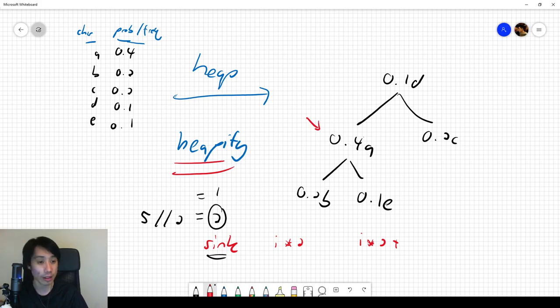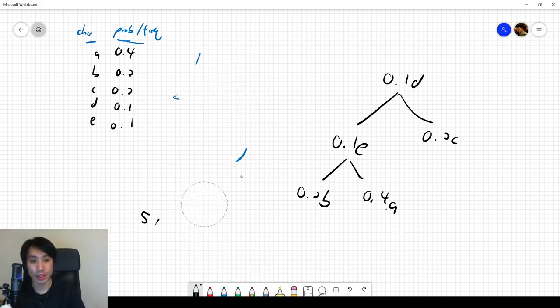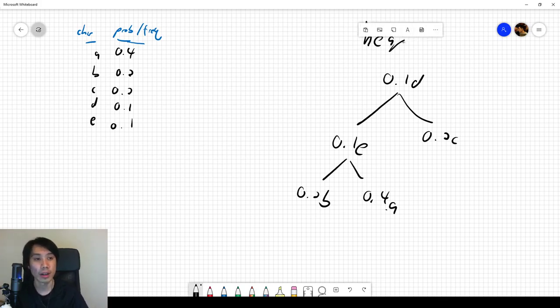I look at the left and the right, and the right is smaller. So here will be 0.1 E, and here will be 0.4 A. Okay, so after I perform heapify, what you see on the right will be my heap.